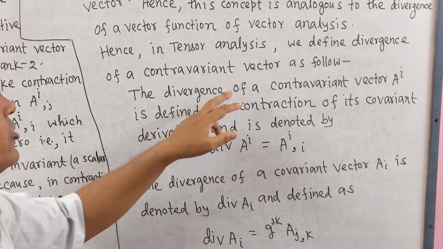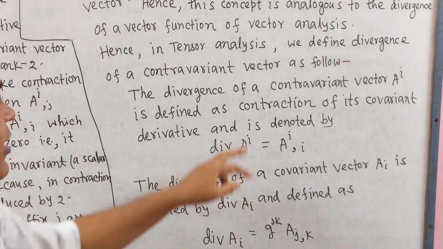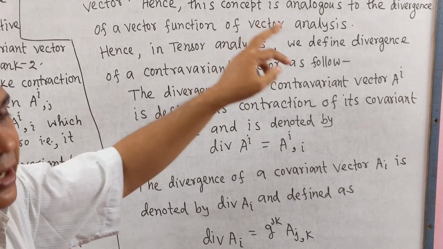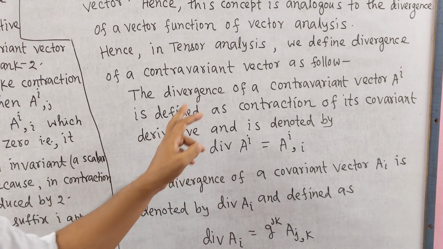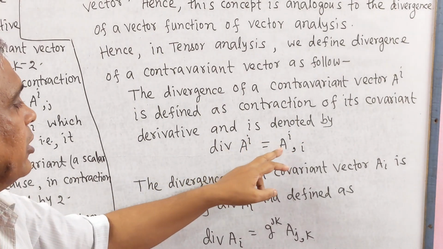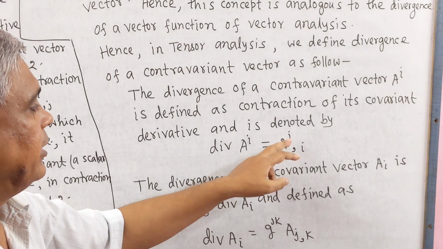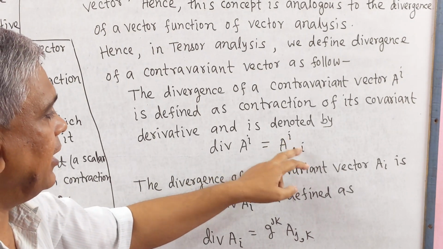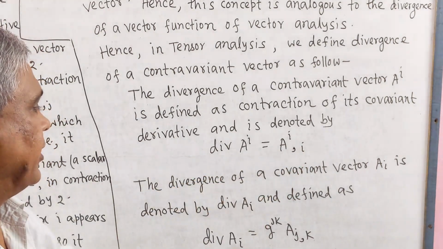The divergence of a contravariant vector A^i is defined as the contraction of its covariant derivative and is denoted by div A^i equal to A^i comma i. This is the contraction, and this is the covariant derivative.